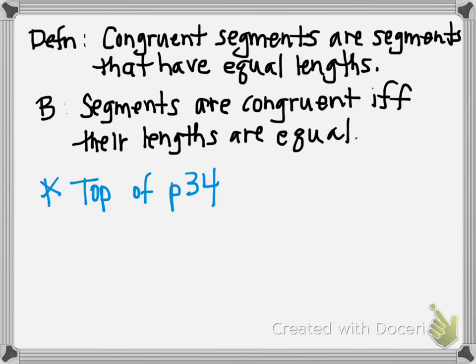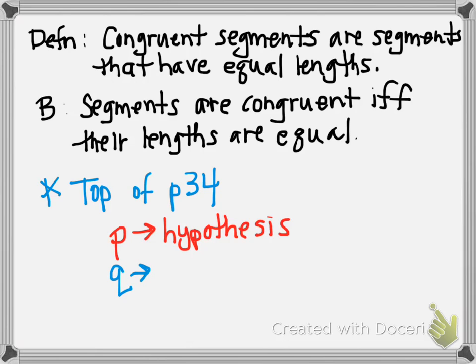And so I'm just going to use their coloring just so that you'll be able to understand that when you see P, it's referring to the hypothesis. And then when you see Q, it's talking about the conclusion.